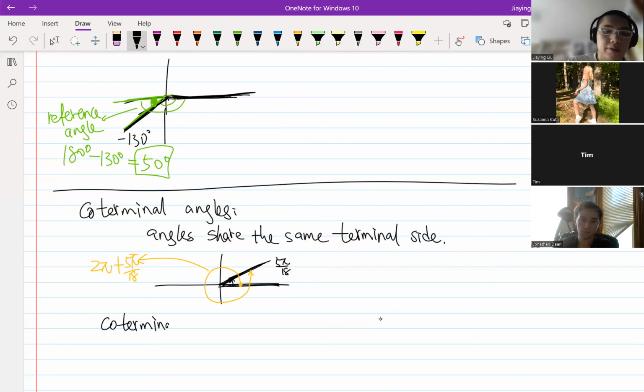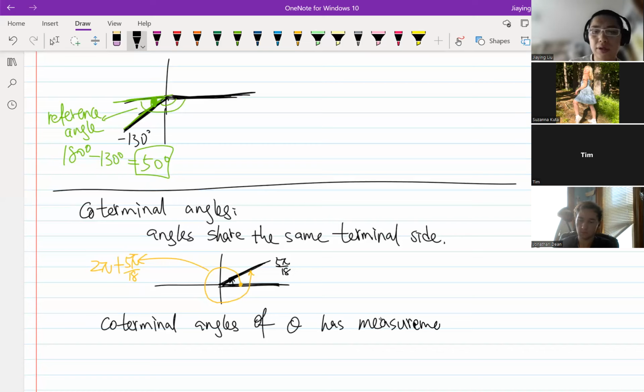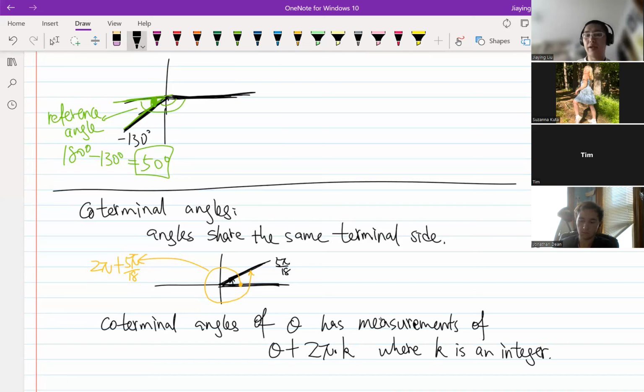Coterminal angles of theta have measurements of theta plus 2 pi times k, where k is an integer. So it could be 2 pi if k is 1, 4 pi if k equals 2, 6 pi if k equals 3, right? So this depends on how many circles we're going to add to it.